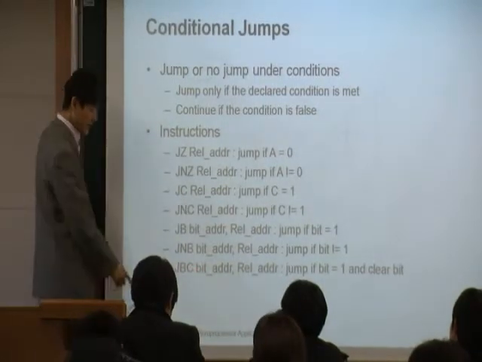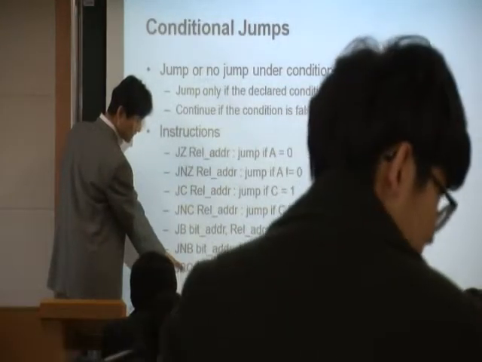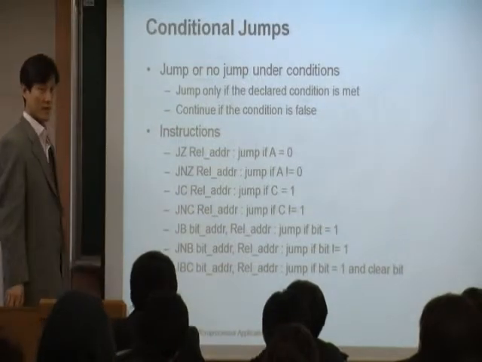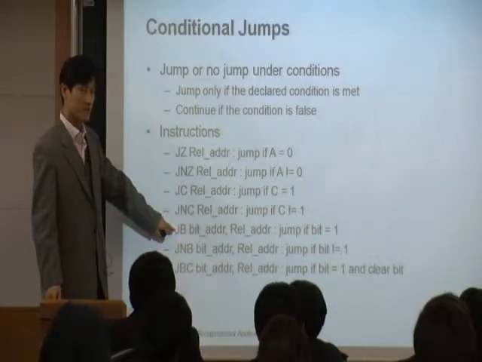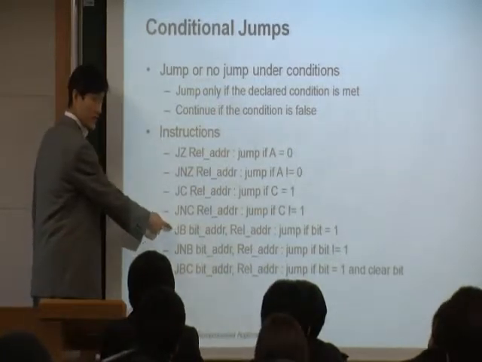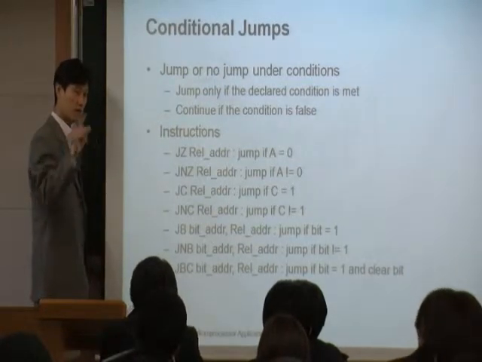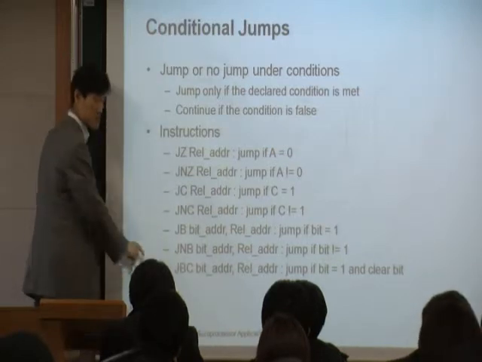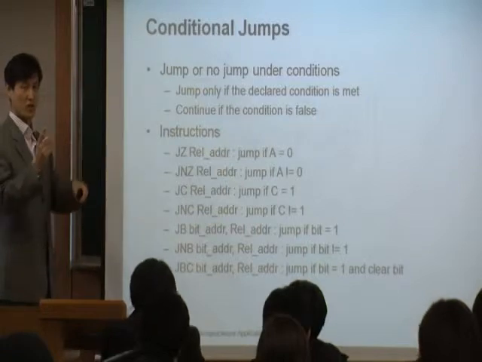So this one means: jump if a bit equals 1, and clear the bit. This one is nothing but just this one plus clear. Okay? You can run this one, and on the next instruction you can do clear bit. So combining those 2 instructions, it's going to be the same as this one. So this one is simply combining those 2 instructions into one.